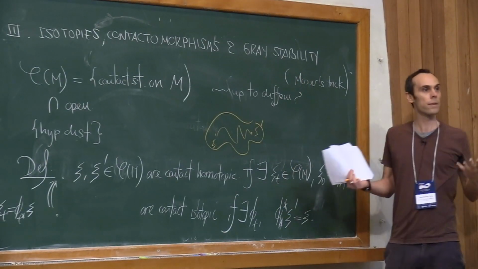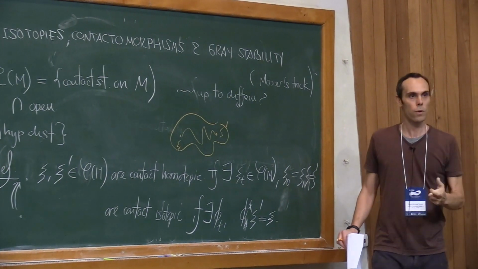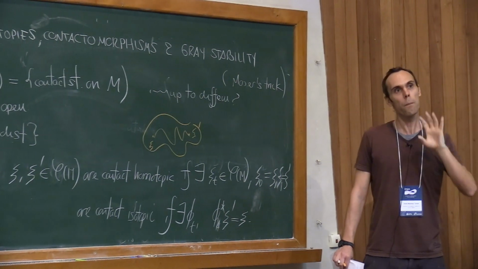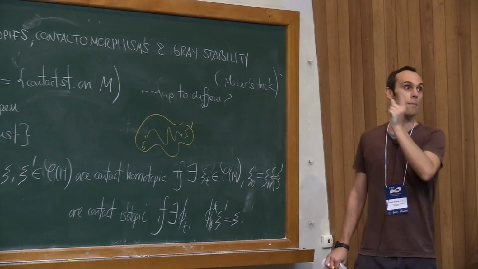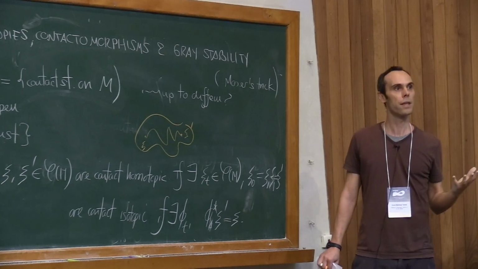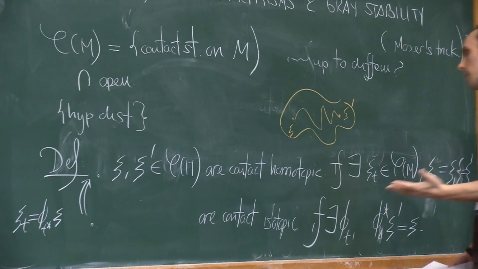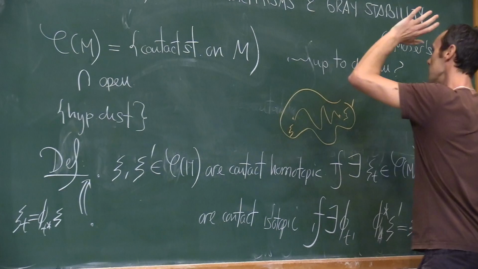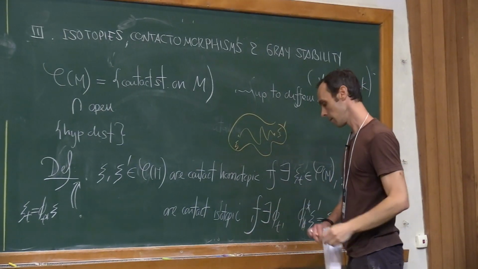Because we want to study contact structures up to diffeomorphism. The catch here is that diffeomorphisms are complicated to grasp. What you want is infinitesimal methods to be able to handle diffeomorphisms. That's why you only work with diffeomorphisms in the connected component of the identity, because then you can use a one-parameter family of vector fields to pinpoint them. So this problem is not that reasonable, and this one is much more reasonable.